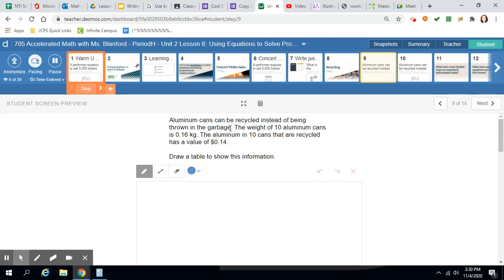One thing that we could put in a table to organize our thinking, that's really the purpose, is we know that the weight, and I'm going to put an arrow here and say we're going to say that that's W. So we know that the weight of the cans has a relationship to what we're going to call the number, right? So I'm going to put the number of cans out here. So N means how many cans we have.